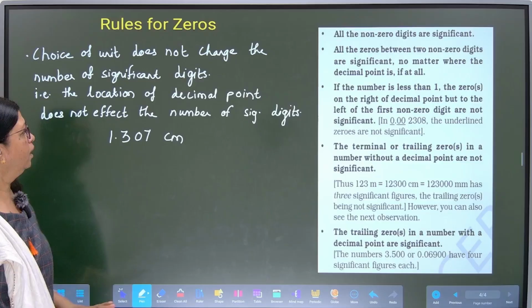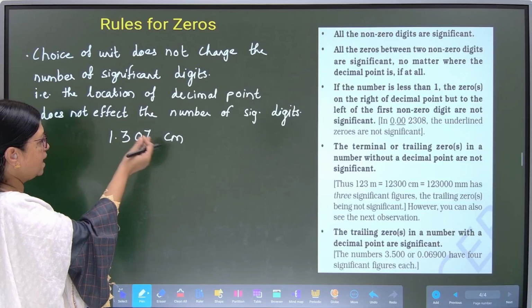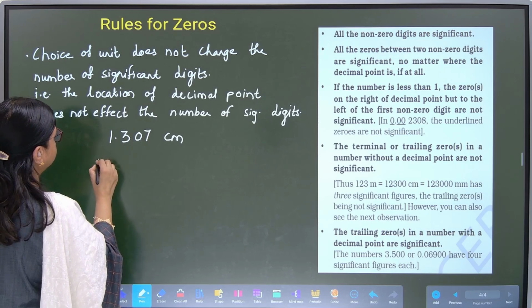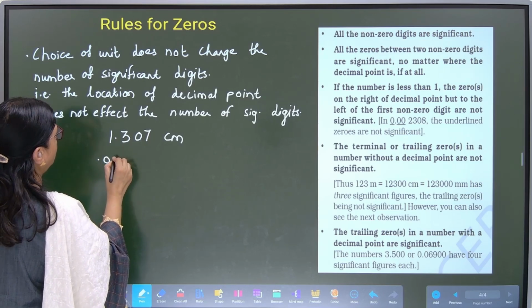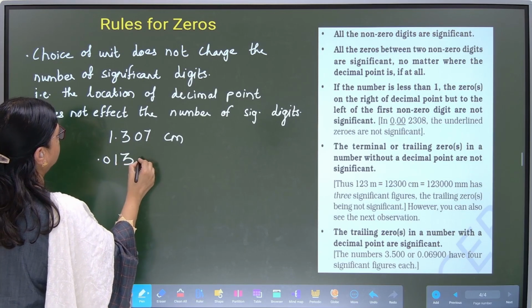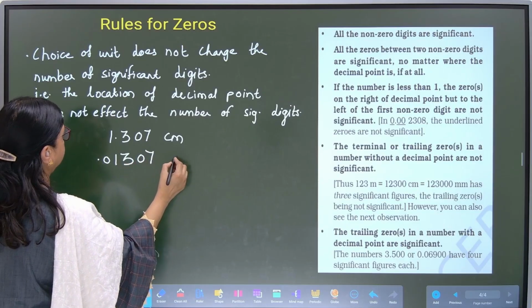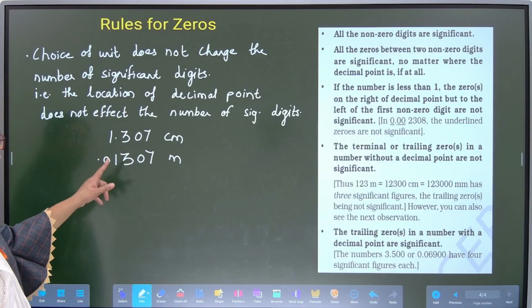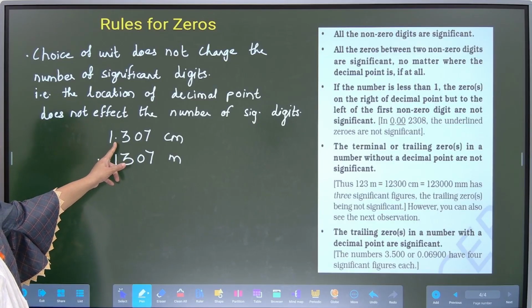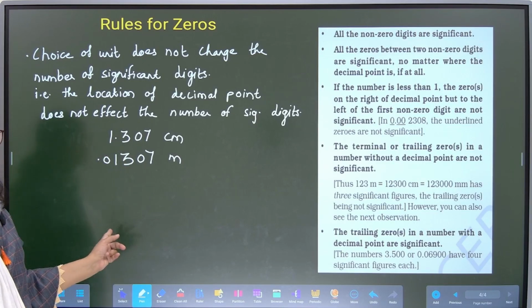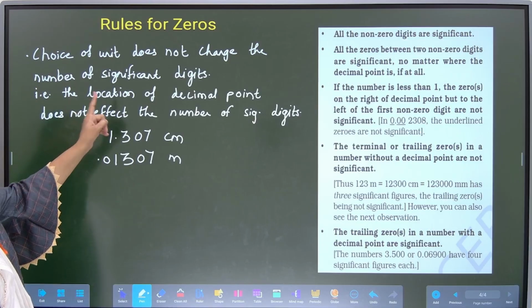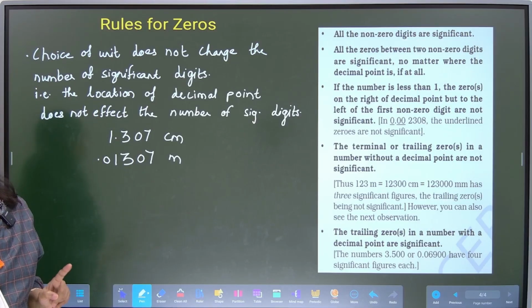Fine, okay. And now I write the same measurement in meters. So it will be written as 0.01307 meters. Fine, okay. So what has happened? The digits have shifted their place by 2 places. But what should I do with the significant numbers?